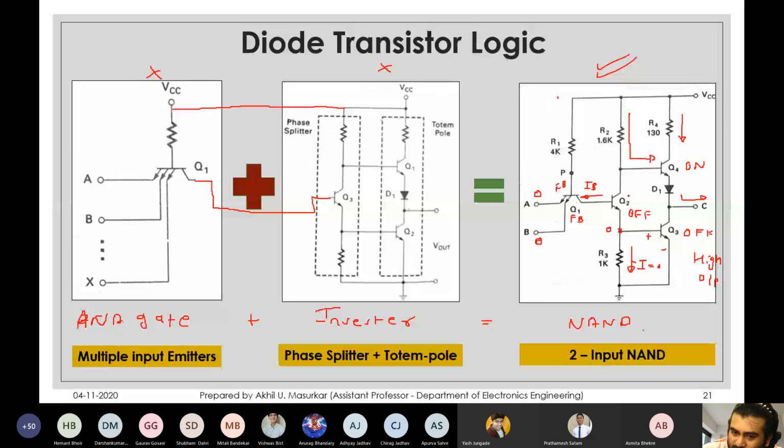Current is asked for. Current to the base of the transistor. Current will stop.